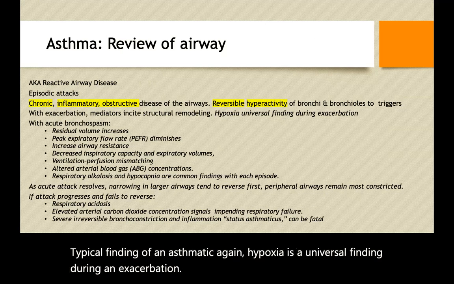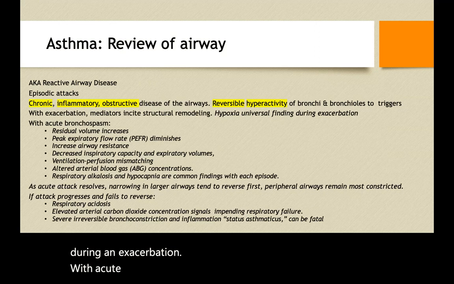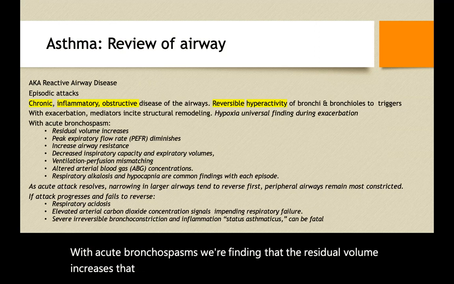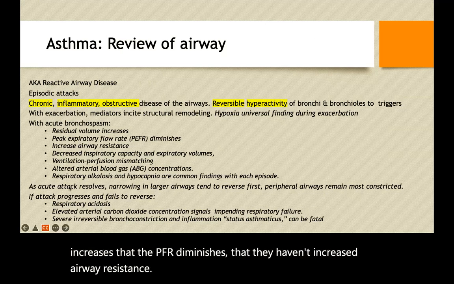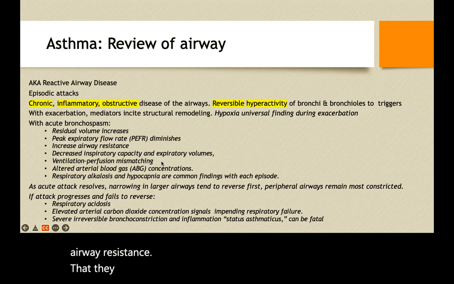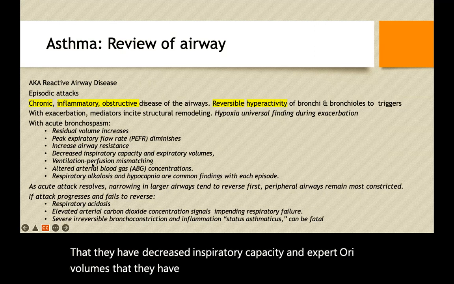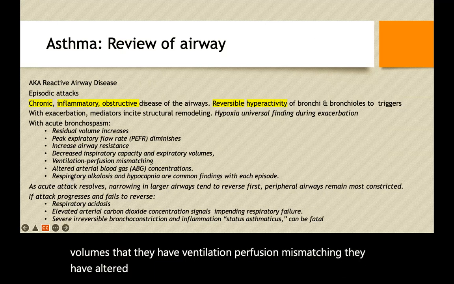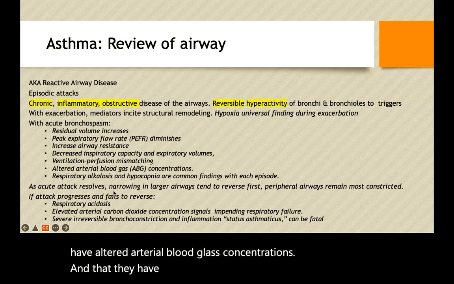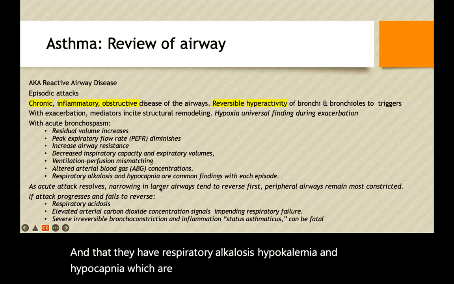With acute bronchospasms, we're finding that the residual volume increases, that the PEFR diminishes, that they have an increased airway resistance, that they have decreased inspiratory capacity and expiratory volumes, that they have ventilation perfusion mismatching, they have altered arterial blood gas concentrations, and that they have respiratory alkalosis and hypocapnia, which are common findings with each episode.